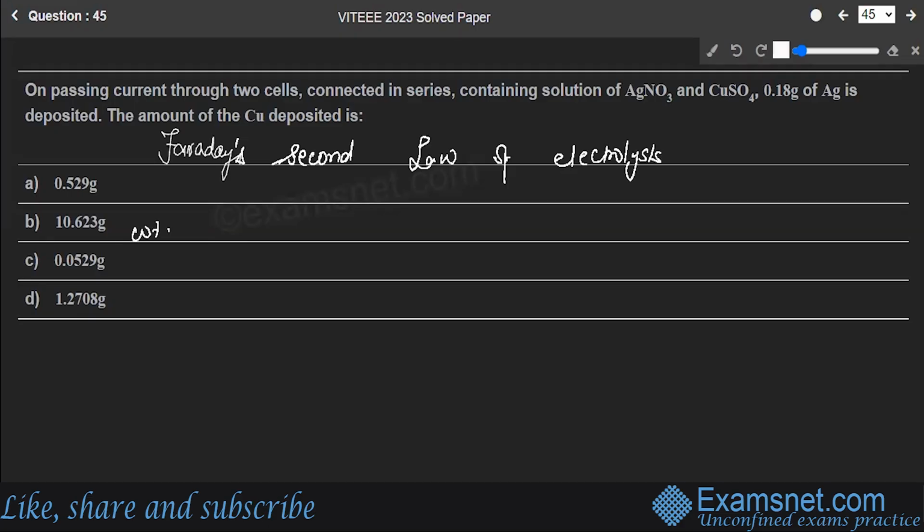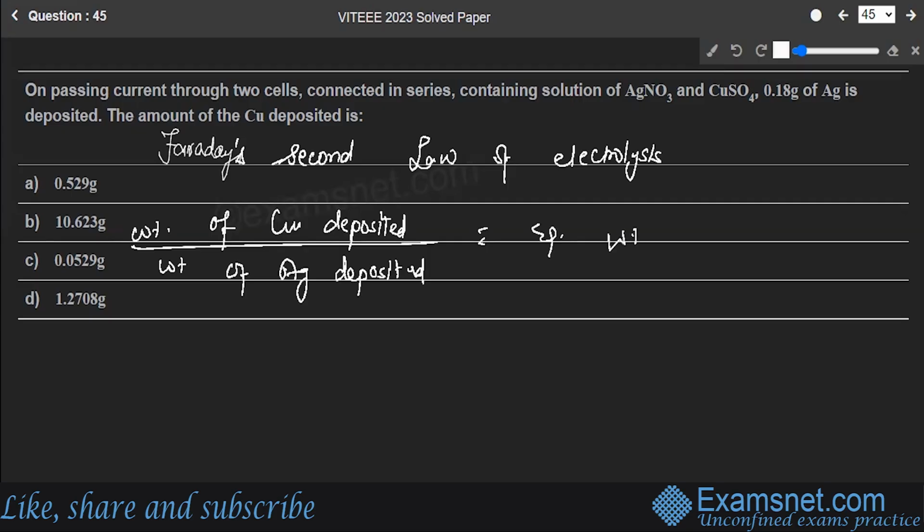It says weight of copper deposited upon weight of silver deposited is equal to equivalent weight of copper divided by equivalent weight of silver.